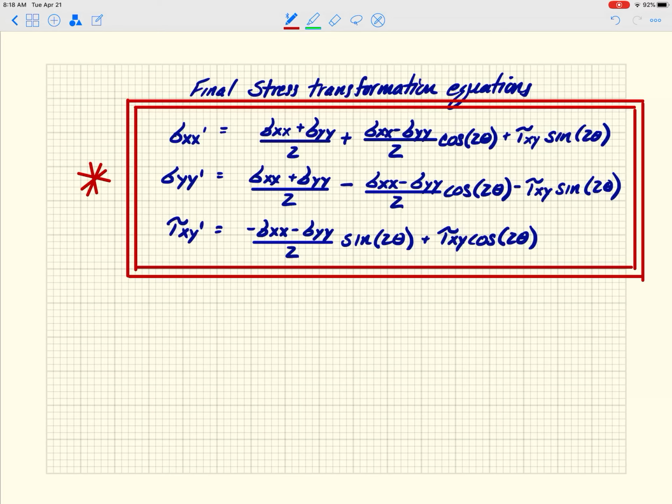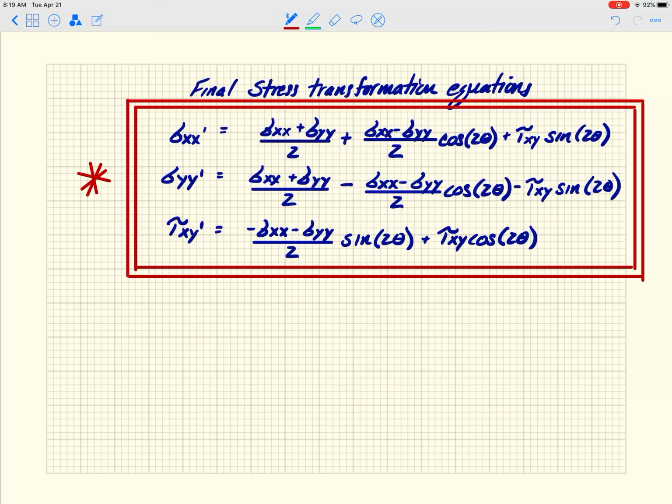So that's the number one thing, and that's really what's important here, because as we move forward conceptually, when I talk about transforming stresses to a different coordinate system, you have to understand what that means, right? That I'm actually rotating the cube, and as I rotate this cube, the magnitude of the stresses changes.